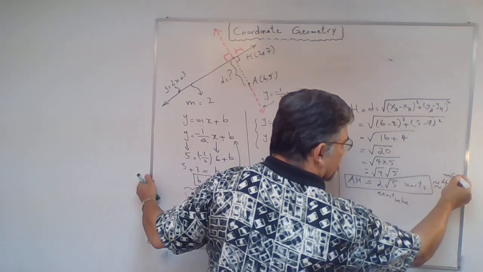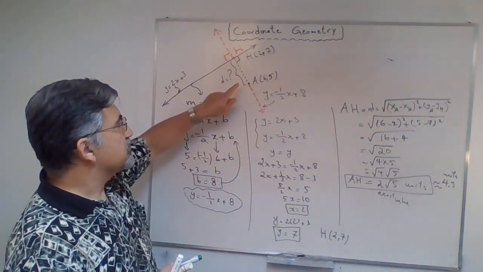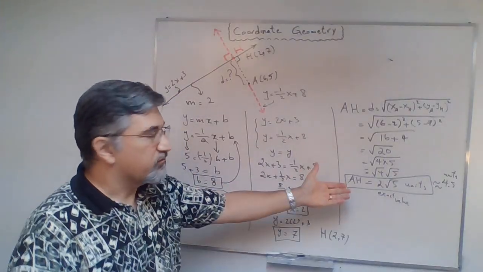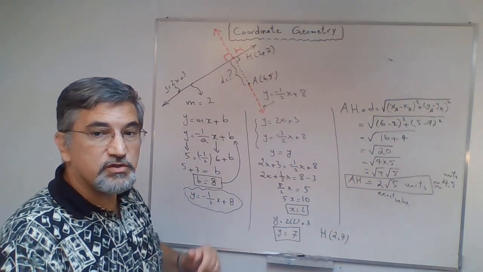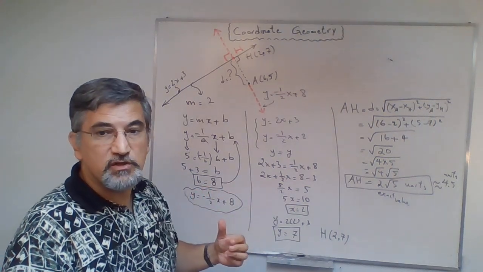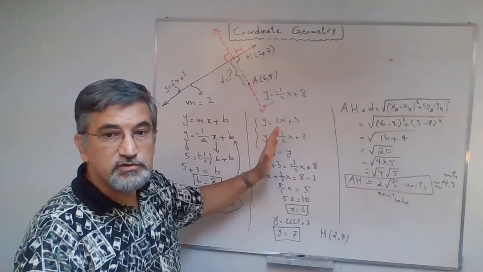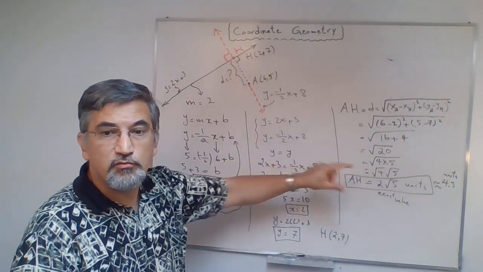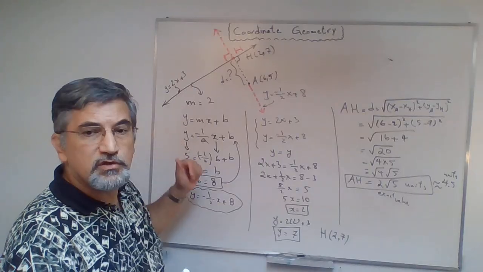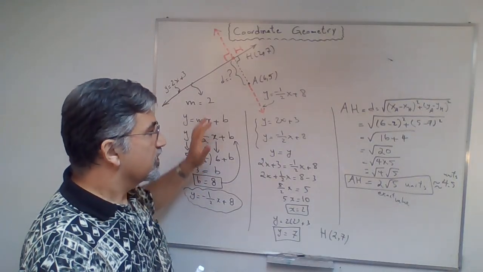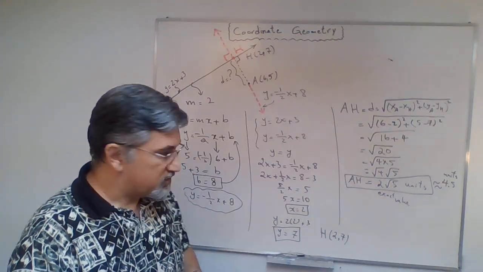So in this question, we wanted to find the distance between a point and a line, and we found it using the coordinate geometry strategy that we picked, using our knowledge of formulas we have studied in the past, and putting all this information together, we could find the distance.